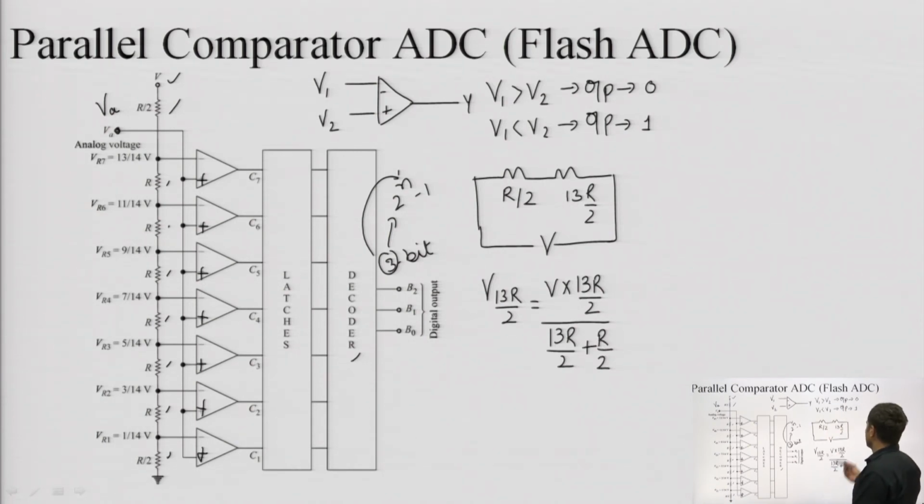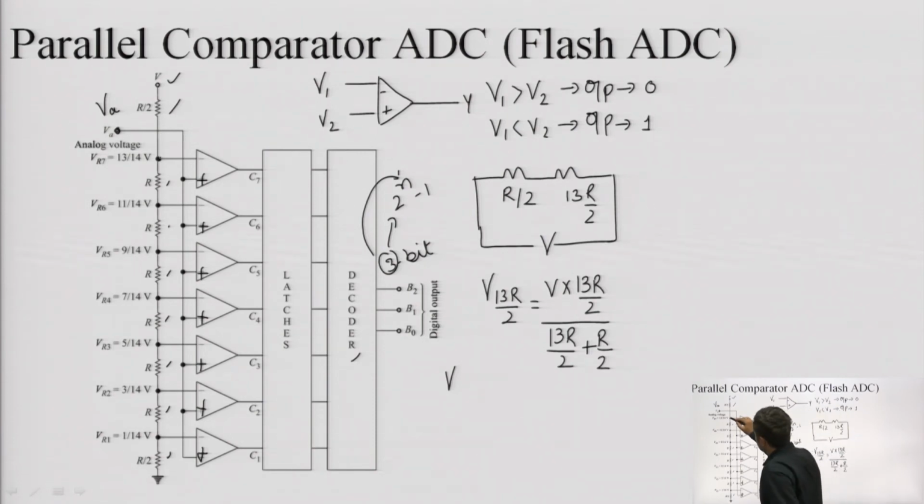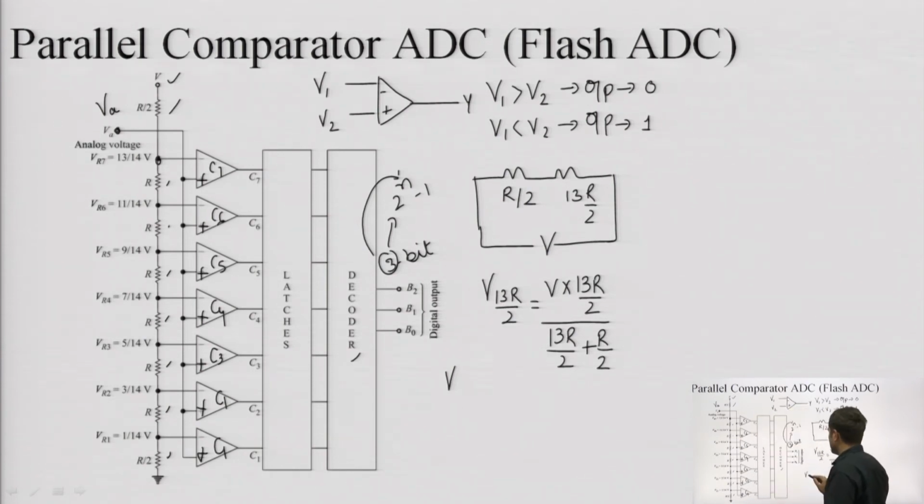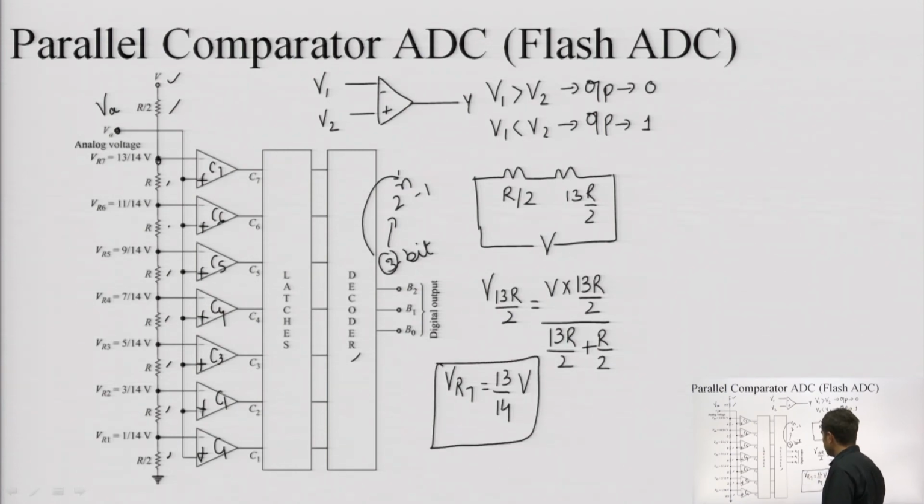If we calculate, we can see that at this point, which is named VR7, because we are naming the comparators C7, C6, C5, C4, C3, C2 and C1, we are actually calculating VR7. If we solve this, we will be getting 13 by 14 V.